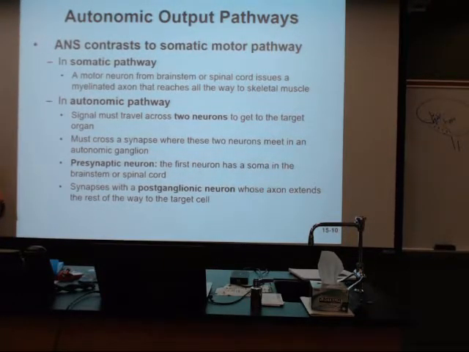Because it is two neurons, there's always one that is pre-synaptic and one that is post. Pre would lead to the ganglion, post would go to the organ. Does that make sense?